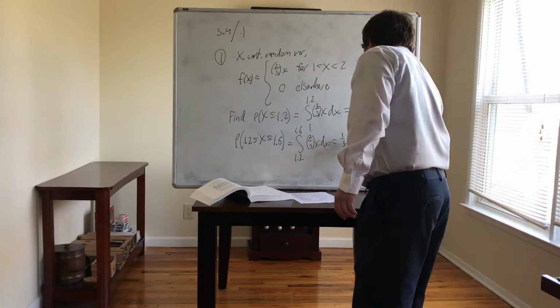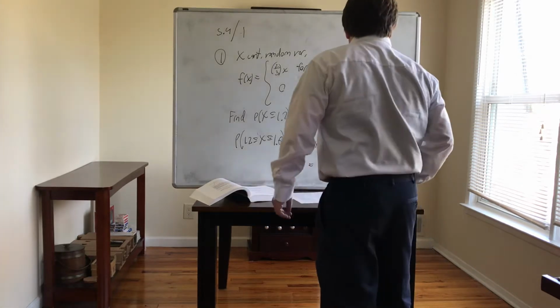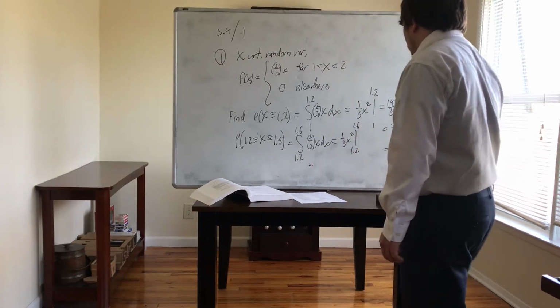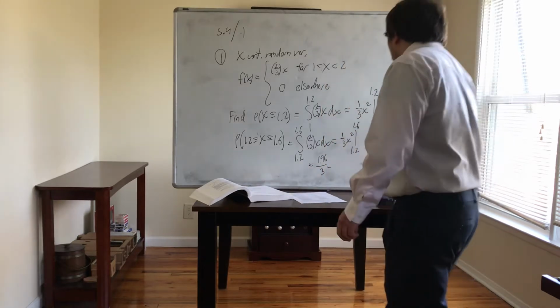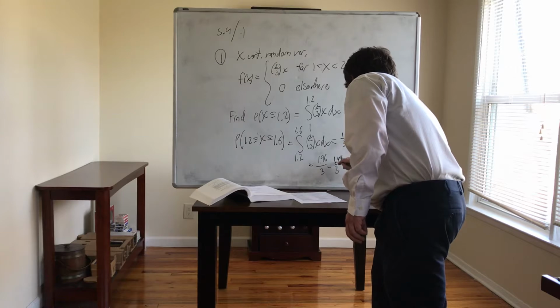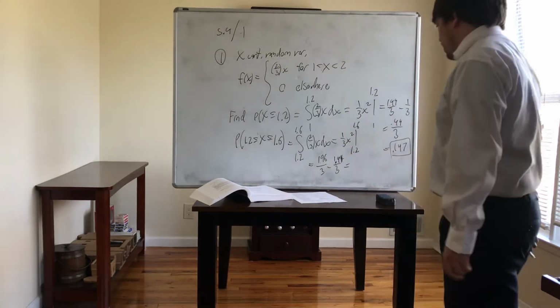So that's 1/3 x squared, evaluated from 1.2 to 1.6. And that's equal to 1.6 squared divided by 3, which is 2.56 divided by 3, minus 1.44 divided by 3. And so if you can do 16 squared and 12 squared, you can just put the decimal point where it needs to be, and you don't need a calculator.